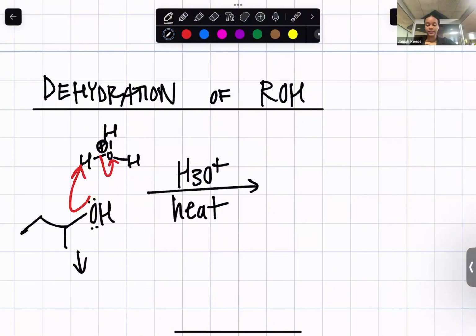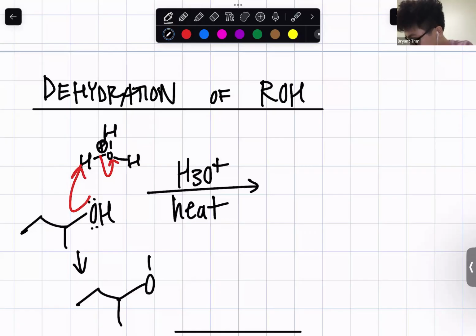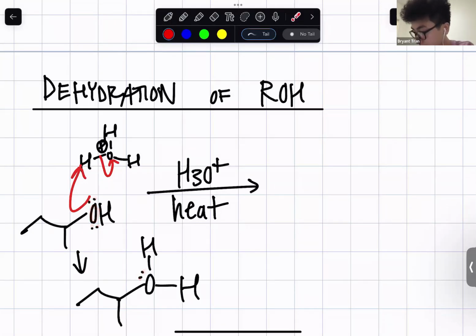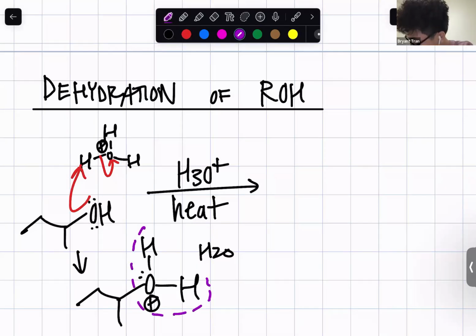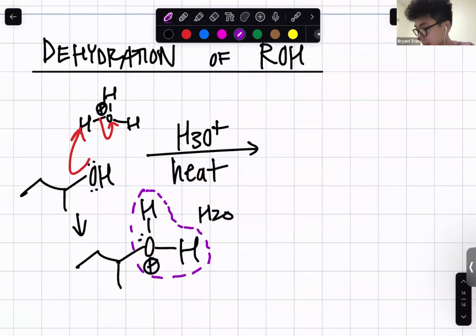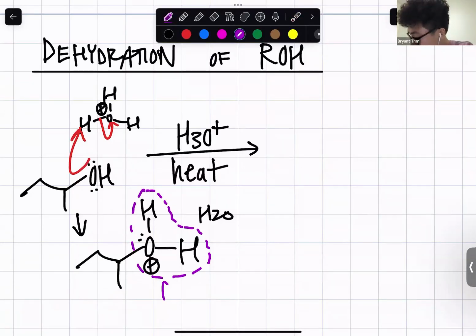Then the intermediate has this O. Before, this oxygen had two pairs of electrons, but now it has one pair because the other pair became the bond that grabbed this hydrogen of the H3O plus. Like we said earlier, this oxygen with three bonds and a pair of electrons is positively charged. Now think of this entire water structure, the oxonium ion, attached to an R group. That's a good leaving group.